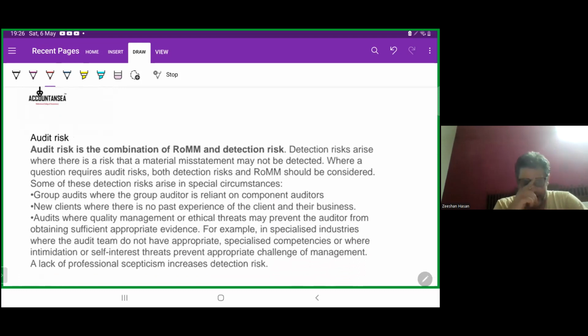Some of these detection risks arise in special circumstances: group audits where the group auditor is reliant on component auditors, or where quality management or ethical threats may prevent the auditor from obtaining sufficient appropriate evidence. For example, in specialized industries where the audit team do not have appropriate specialized competencies, or where intimidation or self-interest threats prevent appropriate challenge of management.